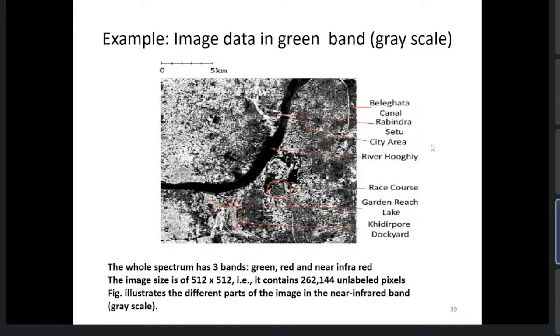Image size is 512 by 512, and if you multiply this, it will be 262,144 unlabeled pixels. This figure illustrates the different parts of the image in the infrared band in grayscale.